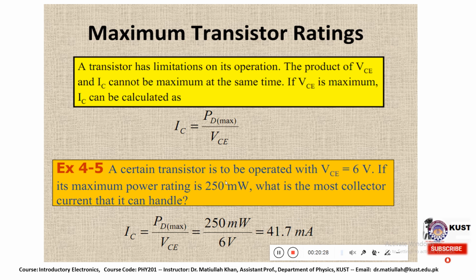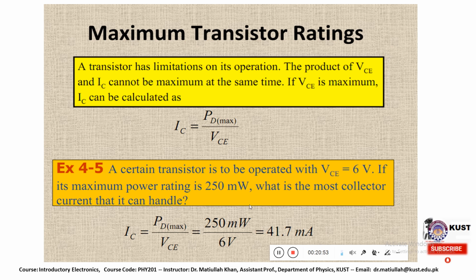A particular transistor is to be operated with VCE equal to 6 volt, and its maximum power rating is 250 milliwatts. What is the maximum collector current it can handle? We can get it from the simple equation we developed just before, from the maximum transistor rating.